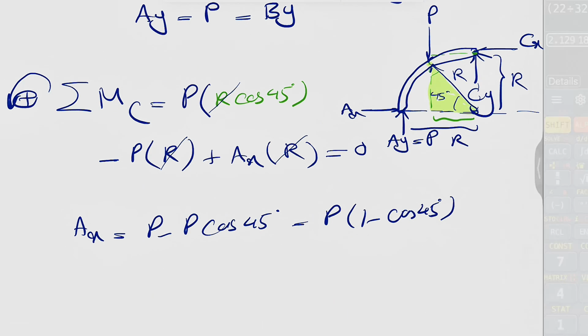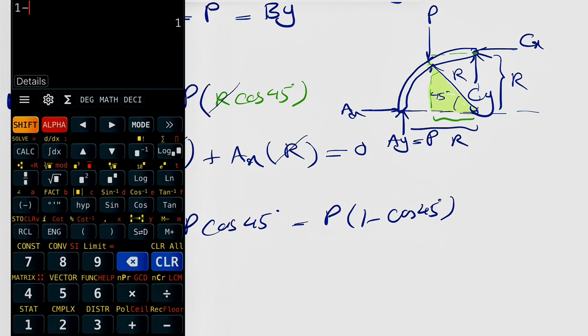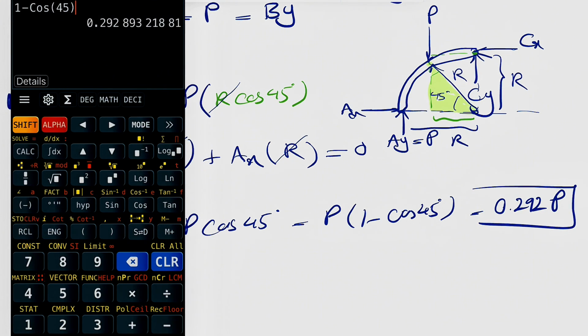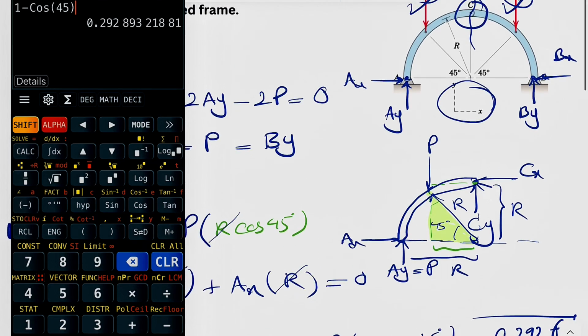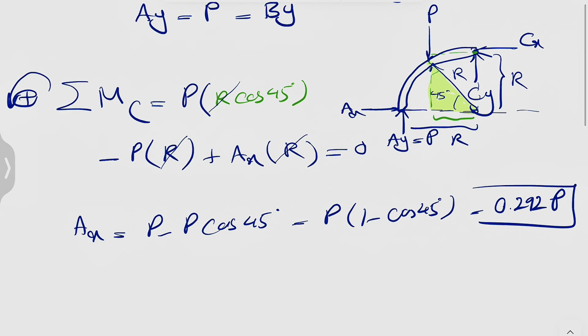Let's see what we get for this. 1 minus cosine of 45 is 0.292P, and that would be our Ax. We didn't get a negative sign, so that shows that's the correct direction. Ax is 0.292P.